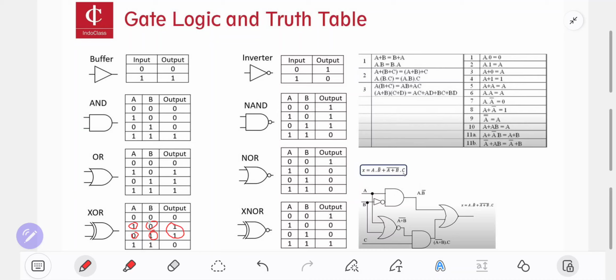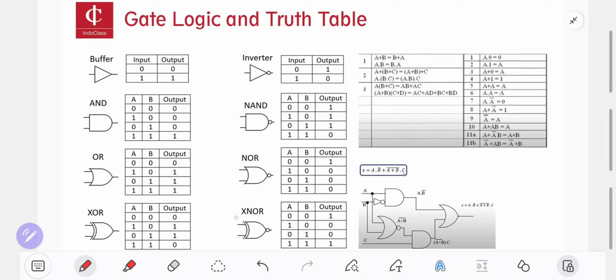If the input condition is the same, the value is 0. Okay, I think you understand this truth table for XOR gate logic. We make it fast, and then the final gate logic, XNOR gate logic.